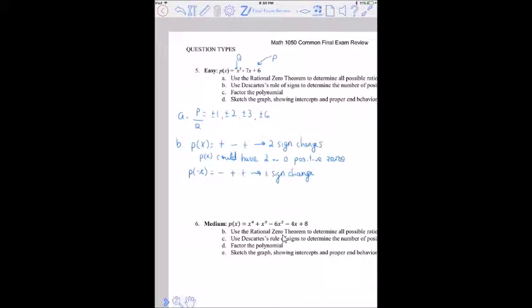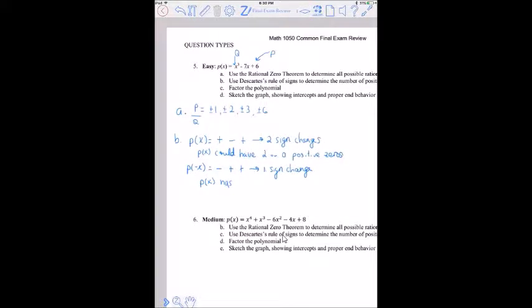That means P of x has 1 negative zero. If we're testing P of negative x here, that means we're testing for negative zeros.